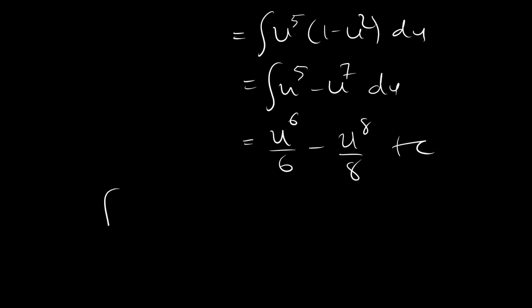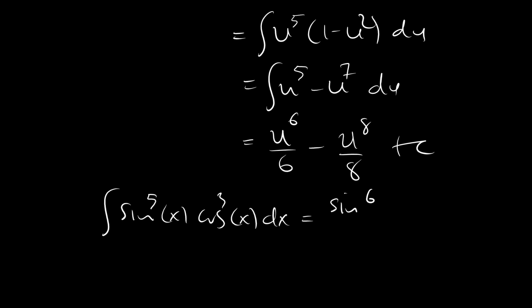So in other words, this equals sine to the sixth over 6 minus sine to the power 8 over 8 plus c.